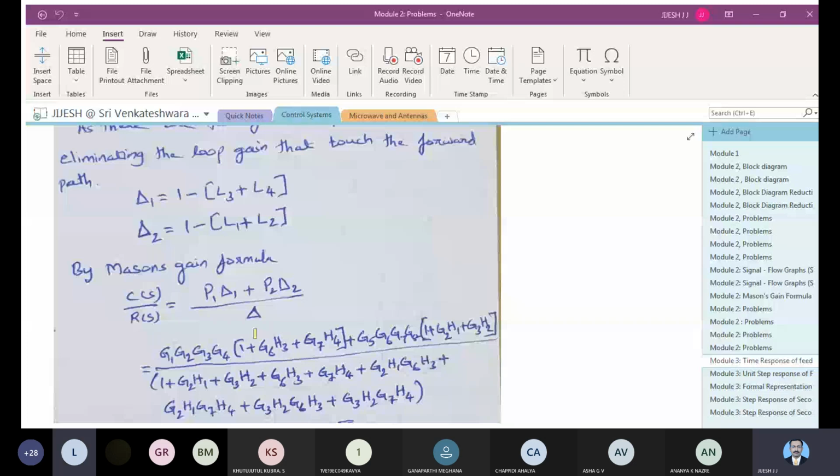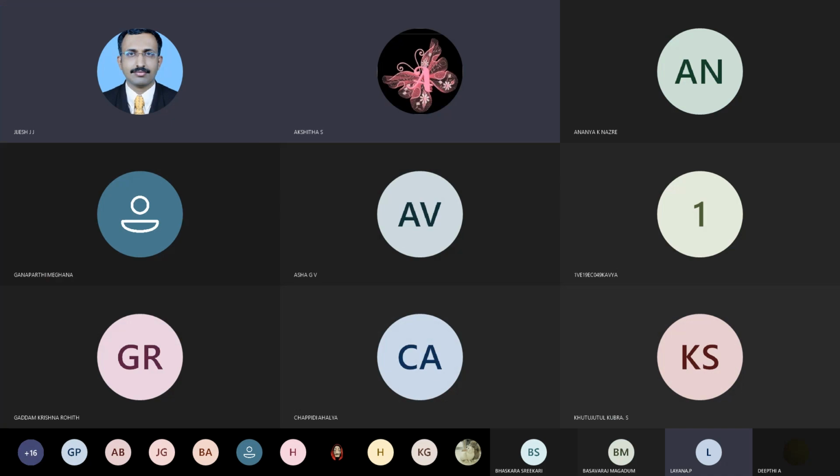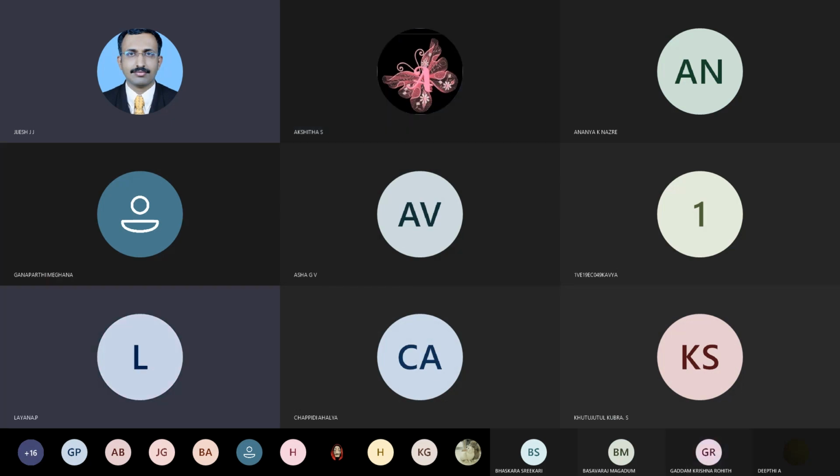No, the PDF is not this. The screen is not visible. Then this much time you didn't tell at all. This much time it was not visible. No, sir. Third module PDF was not visible, sir. Okay. You should have told me.